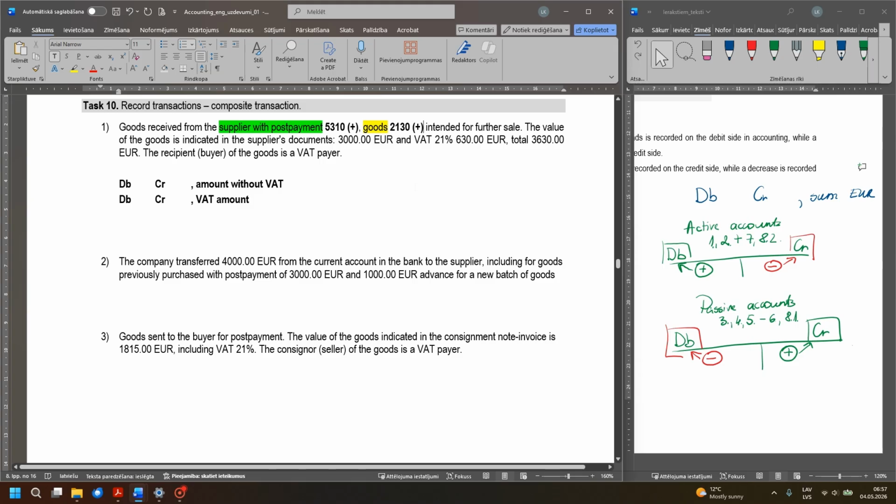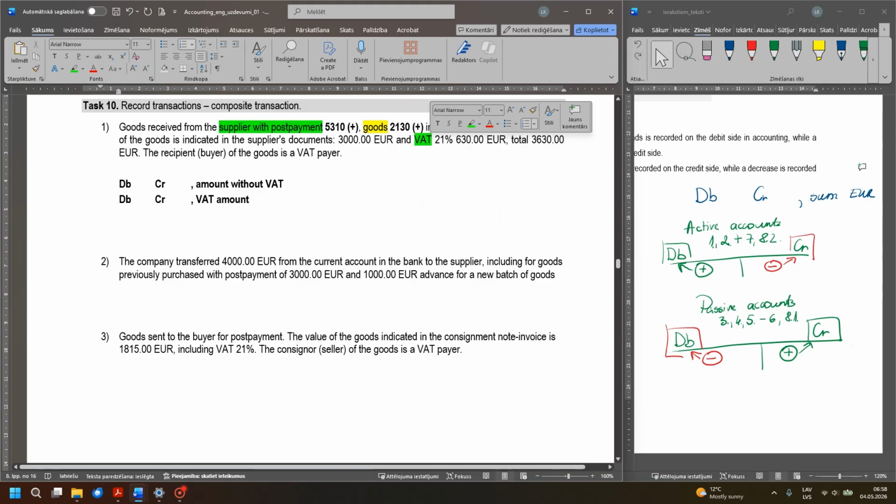And the third account that we will use is VAT, value added tax. Value added tax usually is a liability. We will work so that we will use just one account for value added tax, 5721, and this account we will put on the debit side or the credit side, according to the situation.